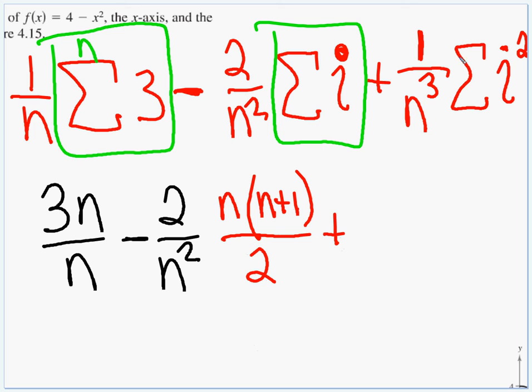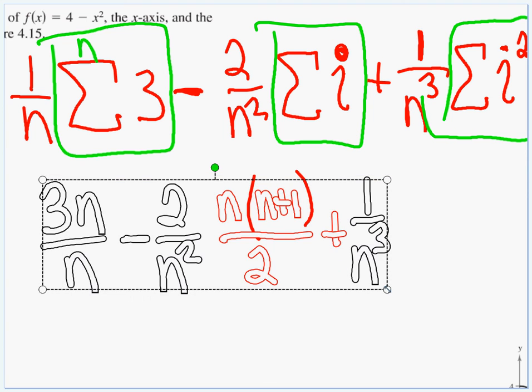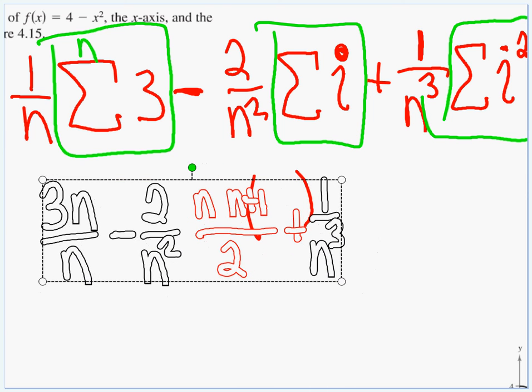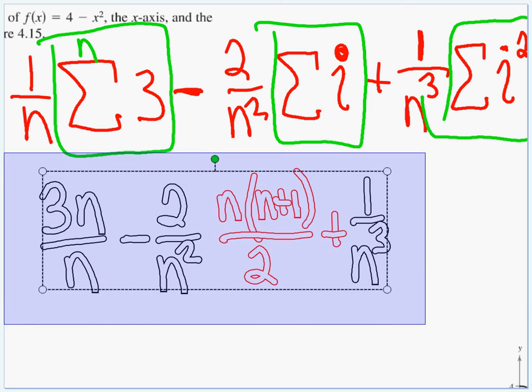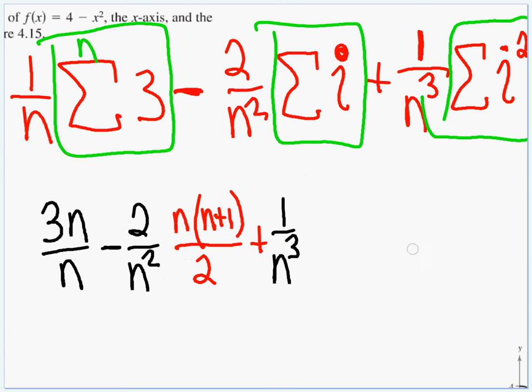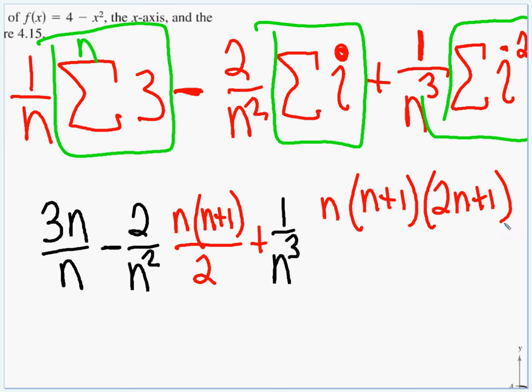And then plus, we have 1 over n cubed, and then I squared. Going to block that off, and that's going to be replaced with n times n plus 1 times 2n plus 1. There we go. So now we've got 1 over n cubed and our summation formula, n times n plus 1 times 2n plus 1, and that's all over 6.